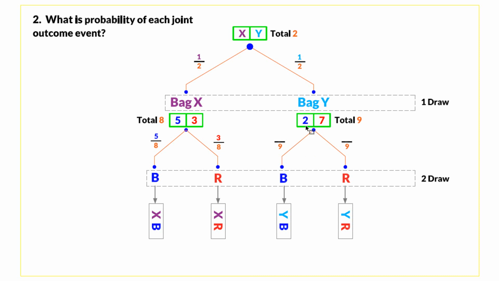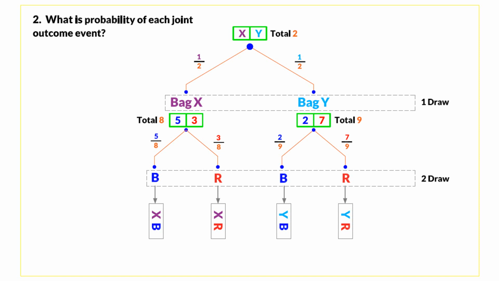We have two blue, so the probability is 2/9. And what is the probability of picking red after picking bag Y? We have 7 red in bag Y, so the probability of picking one red out of bag Y is 7/9.